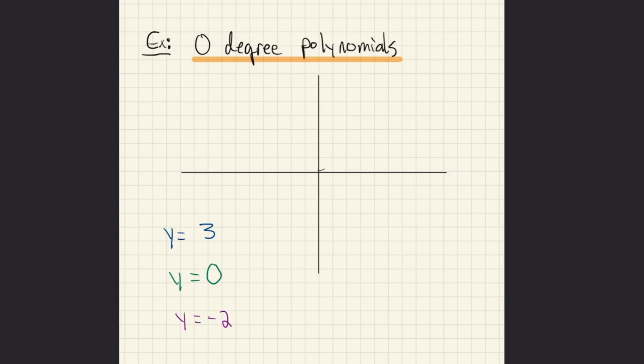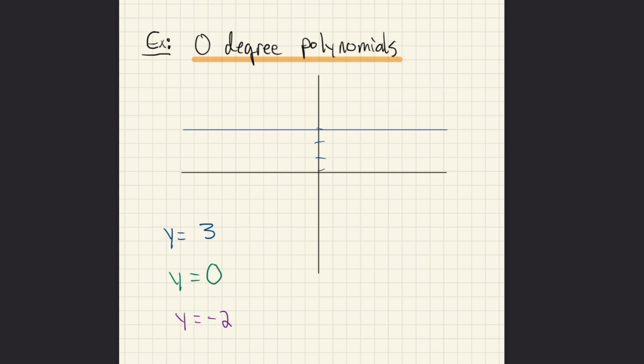So the way we can help identify what the properties are of these functions is to graph them. So if we graph y is equal to 3, we're going to go and find 3, and make a straight horizontal line like that that crosses through the y-axis at 3.